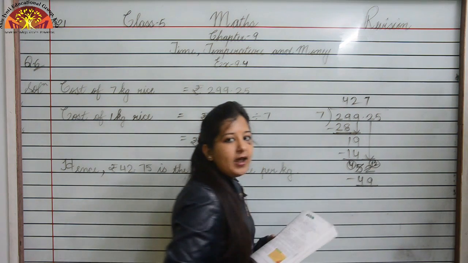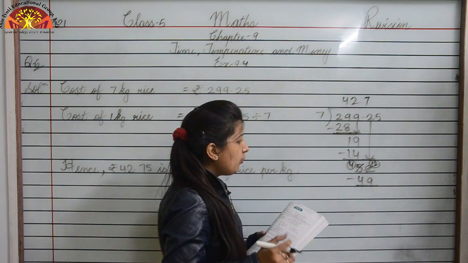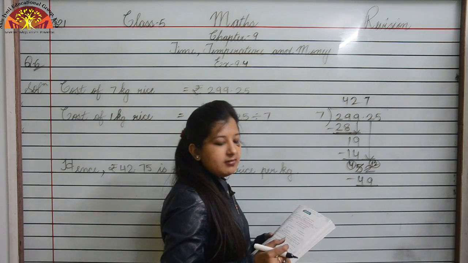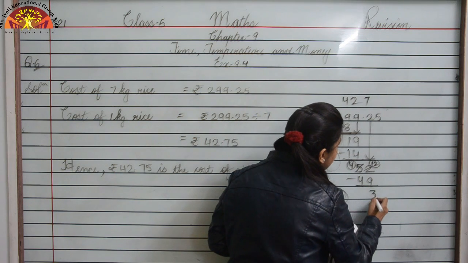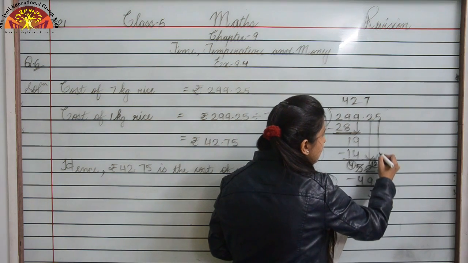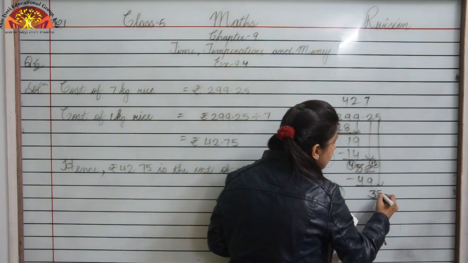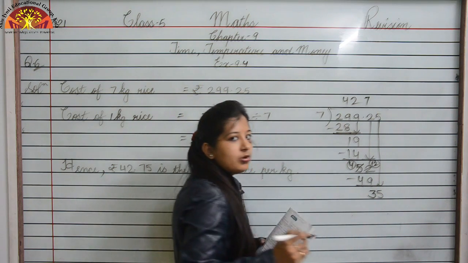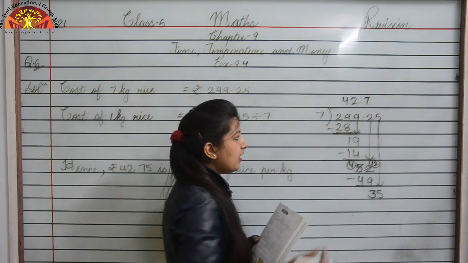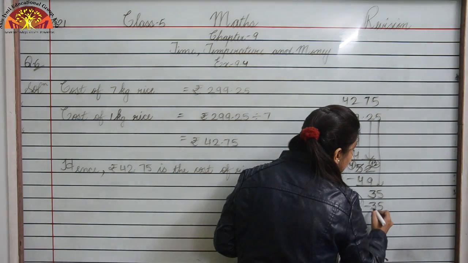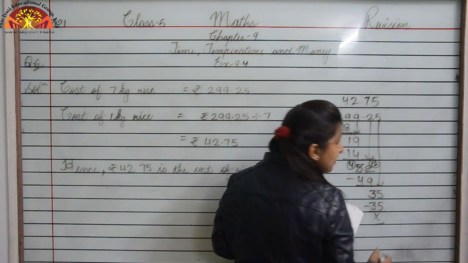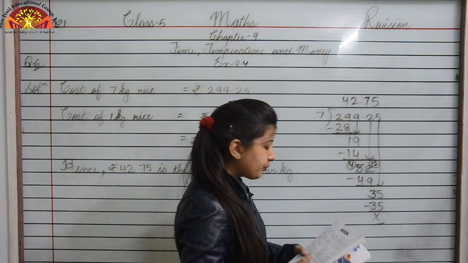Now 12 minus 9 equals 3. Now again we will bring down 5 here. Now as you know, 7 5s are 35, and 35 minus 35 is 0.